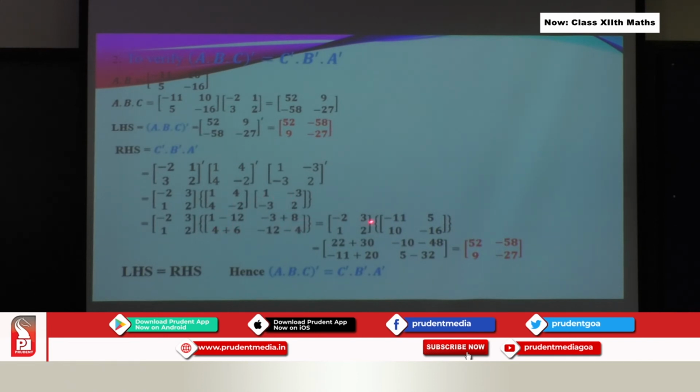I get here the product of A transpose into B transpose into A transpose, and here I am getting C transpose into B transpose into C transpose. Look at the matrix I have given in red here, this matrix and this matrix.